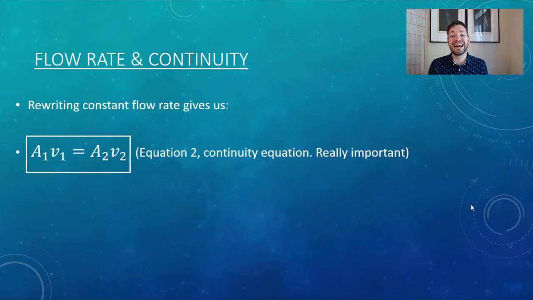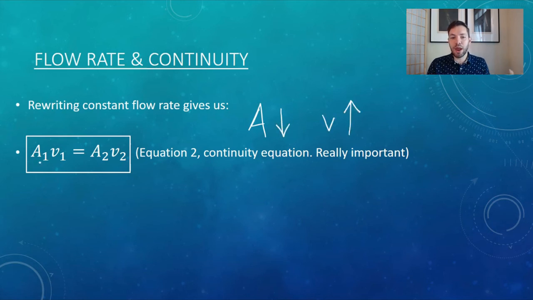This is called the continuity equation, or the equation of continuity. It's pretty straightforward. There are no squares, there are no fractions, there are no square roots. We're just looking at the product of the area and the velocity at two different points. The main thing to take away from this equation is that there is an inverse relationship between area and velocity.